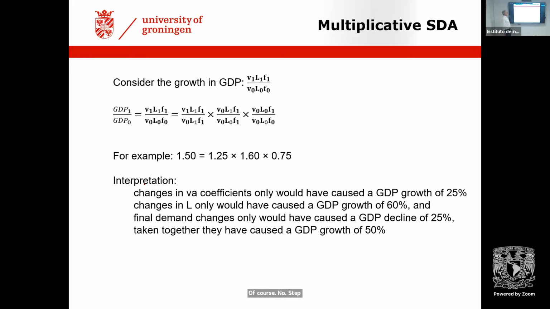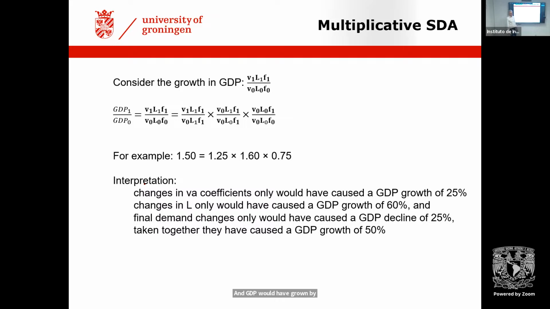For example, the typical outcome is 1.50 is 1.25 times 1.60 times 0.75. And the interpretation is if only the value-added coefficient had changed and the rest would have remained the same, then GDP would have grown by 25%.